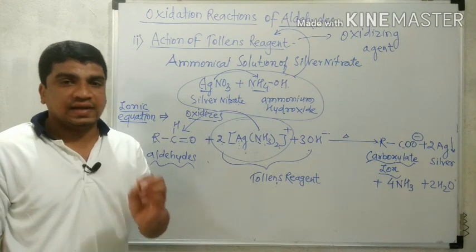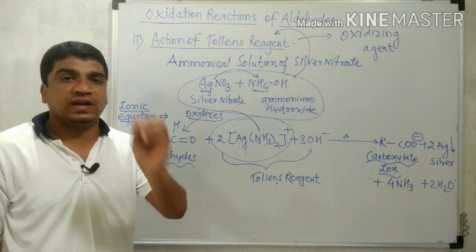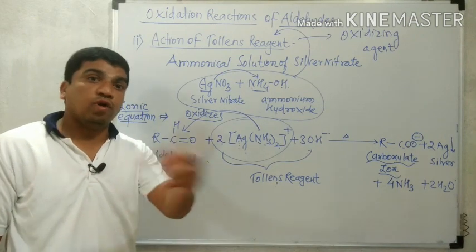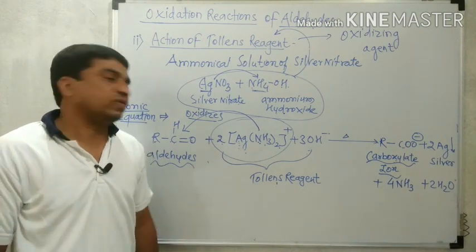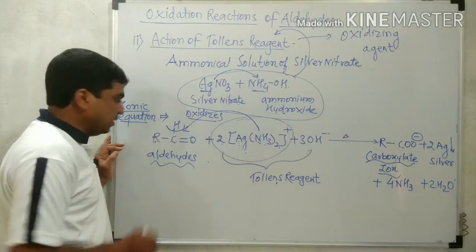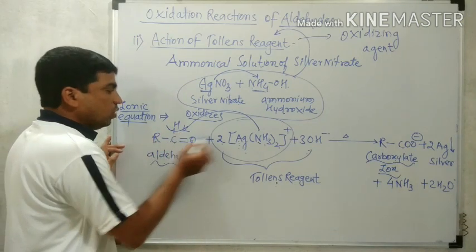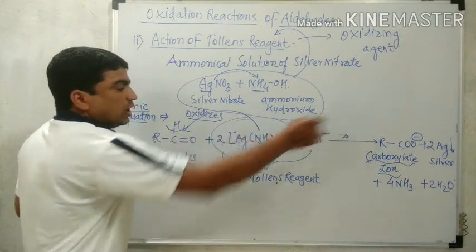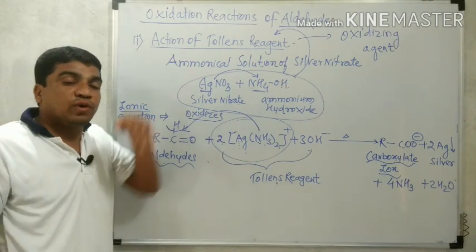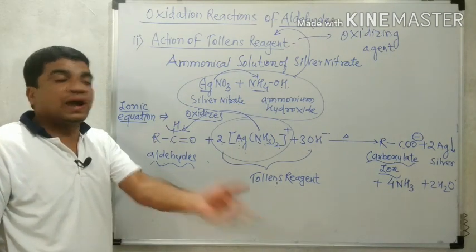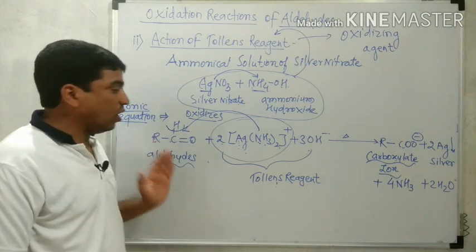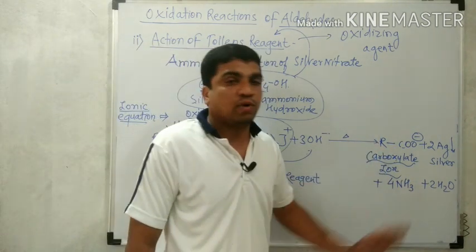We know the reaction in which addition of an oxygen atom takes place is oxidation, and similarly the removal of hydrogen is also called oxidation. Here the hydrogen atom from the aldehyde is removed and RCO gains O, therefore RCOO minus. Addition of oxygen and removal of hydrogen take place, therefore this is oxidation. So here aldehyde oxidizes into the corresponding carboxylate ion.